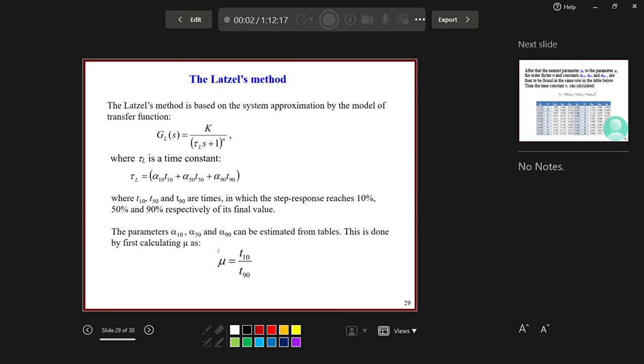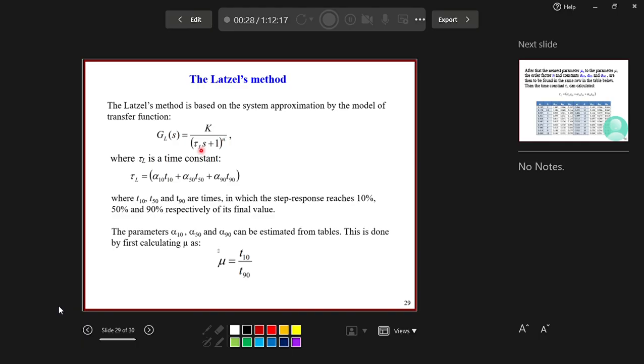If you have higher order dynamics, you suspect that your model is higher than second or even second, you can use another method which is called the Latzell's method. In the Latzell's method, we approximate higher order transfer functions of this form: k over tau s plus 1 to the power n.